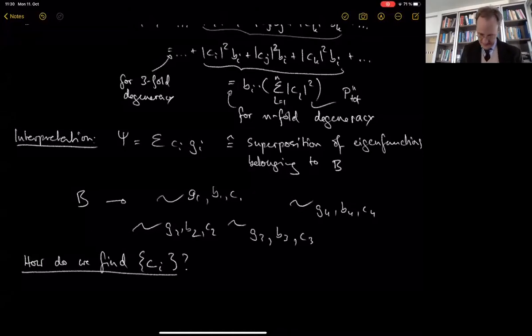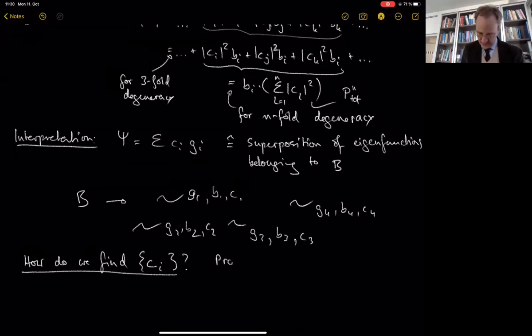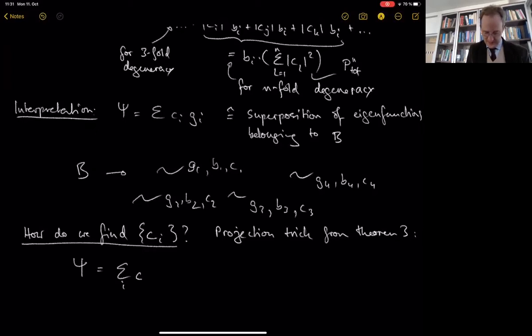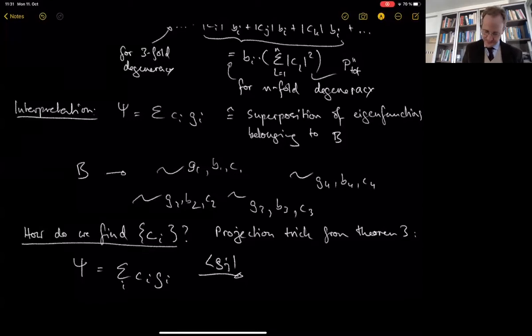It's the projection trick from theorem 3. So we use psi again, sum over i, ci, gi, and then we multiply from the left with gj.